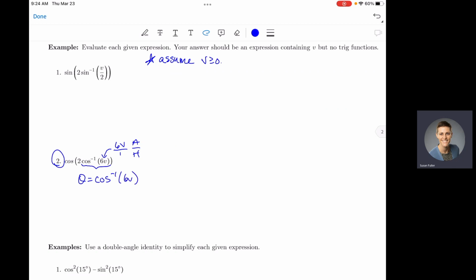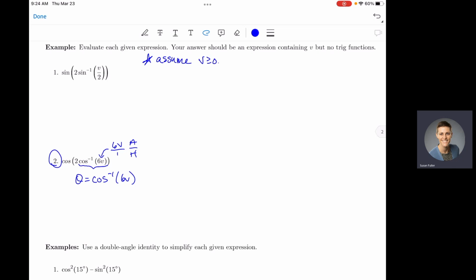I don't know exactly what that angle is going to be. It's okay. We're not going to have to find it. So theta is going to be the inverse cosine of 6v. It's going to be the angle that has a cosine value of 6v over 1. And so basically, once we have this angle theta out of inverse cosine of 6v, to finish this problem we would have to do the cosine of 2 times that angle theta.